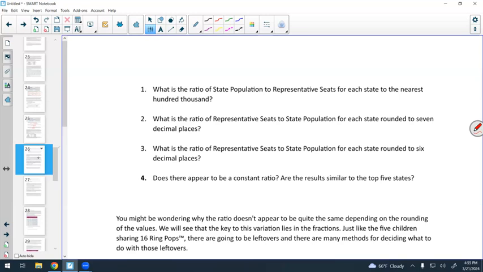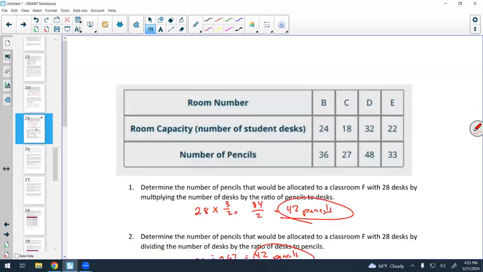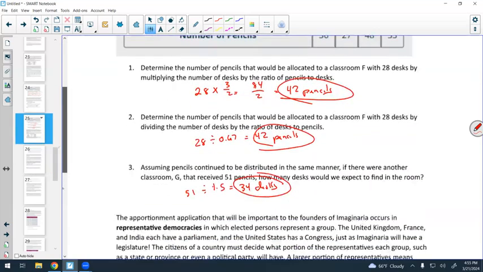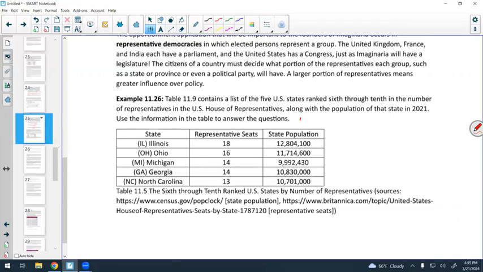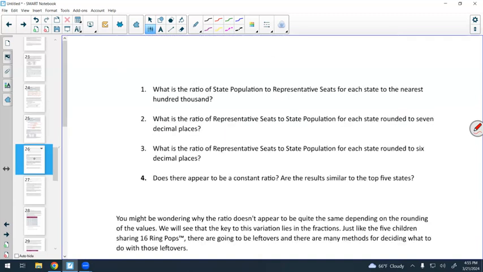So what is the ratio of state population to representative seats for each state to the nearest 100,000? We would simply take the population divided by the representatives and then round to 100,000. When doing that, we get Illinois is 700,000.